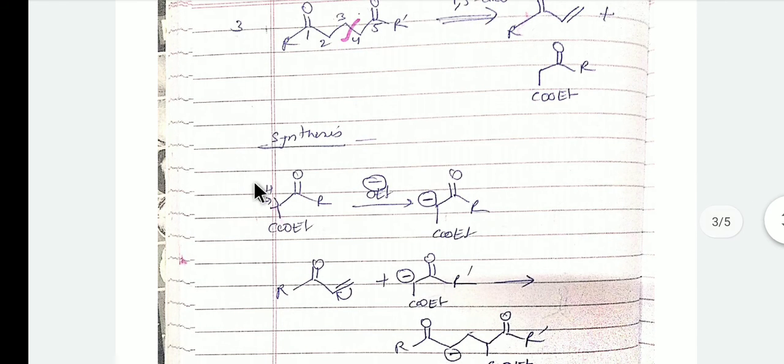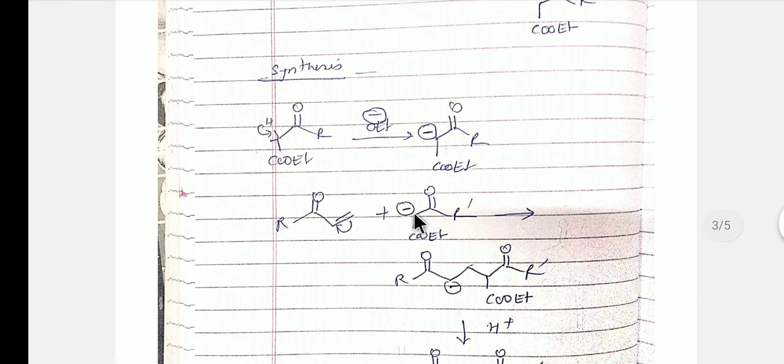This is the starting material, or we can say the synthetic equivalent obtained after the disconnection of the target molecule. Now, on reaction of this synthetic equivalent with a base, the base removes a proton from here and we get an anion of this compound.